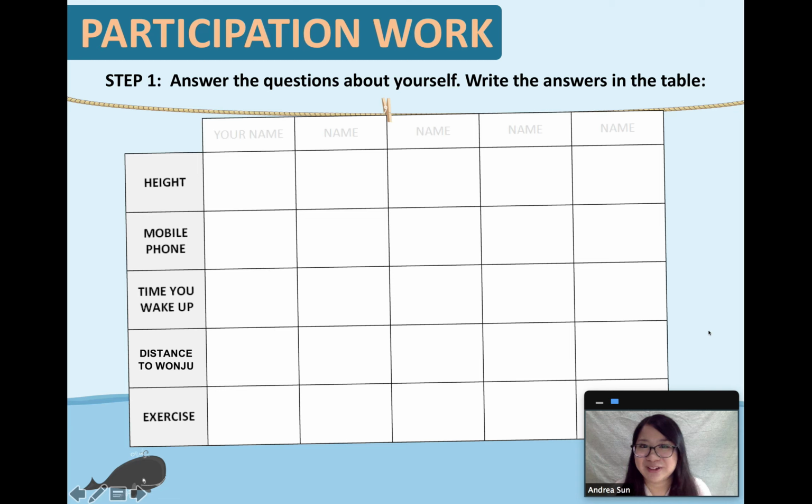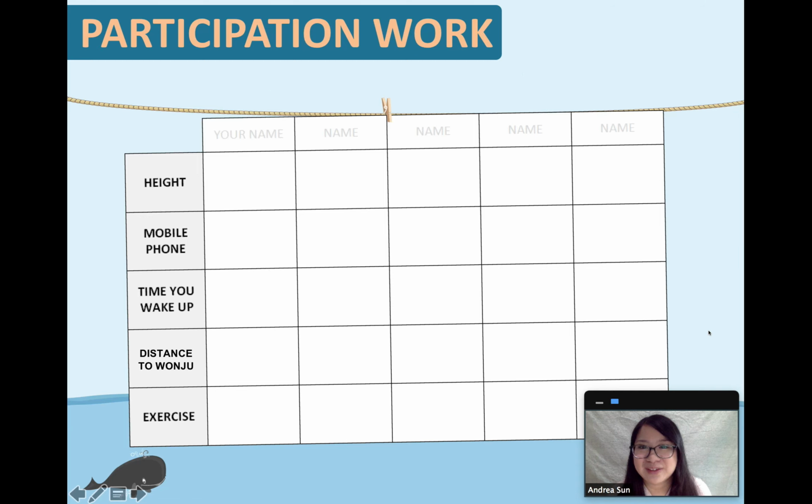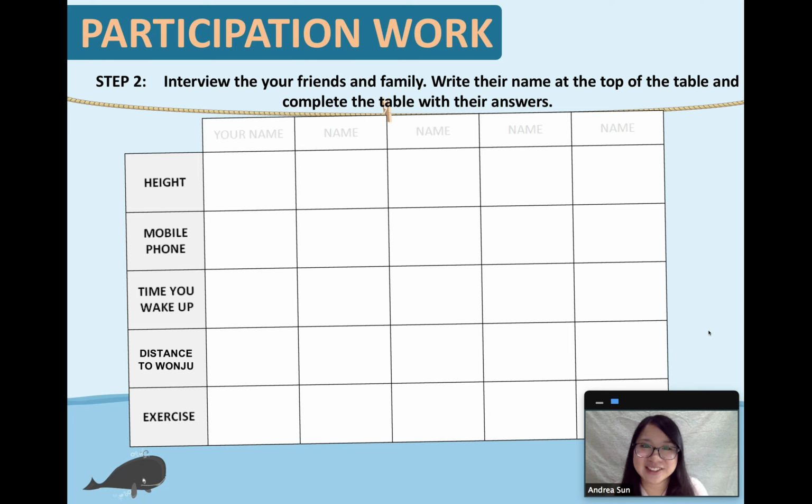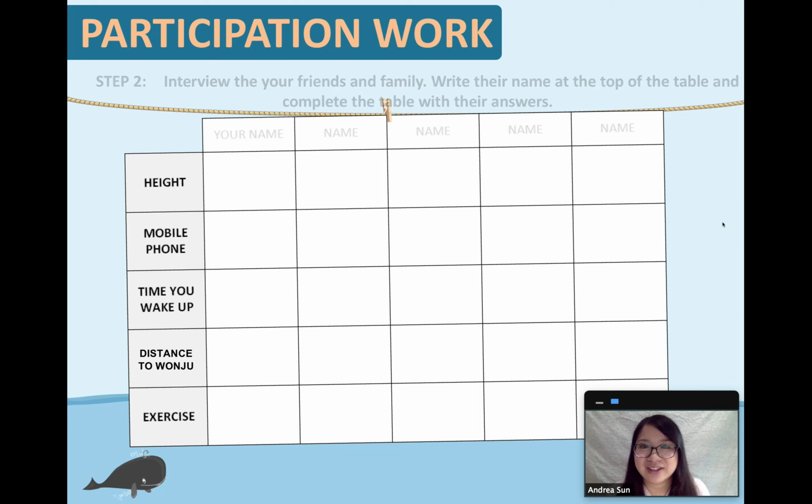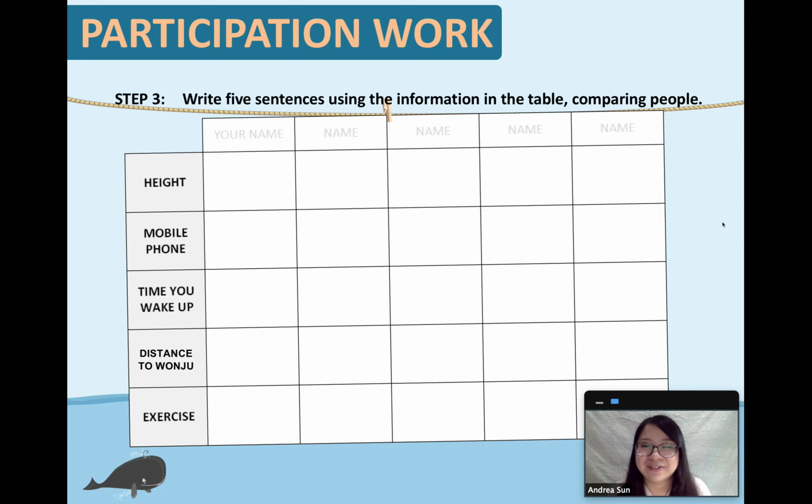After you write your answers, you are going to interview your friends and family. Write their name at the top and then complete the table with their answers. After you've collected all of this information, you are going to write 5 sentences using the information in the table comparing people, and you are going to use superlative adjectives.